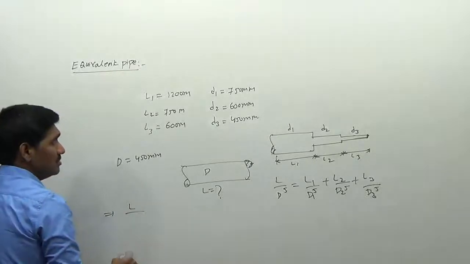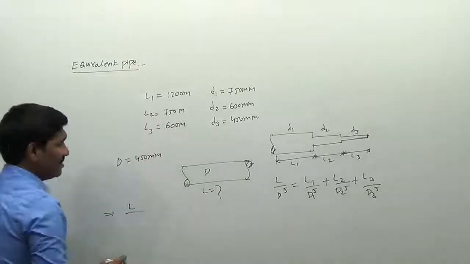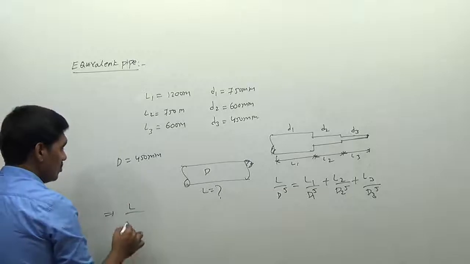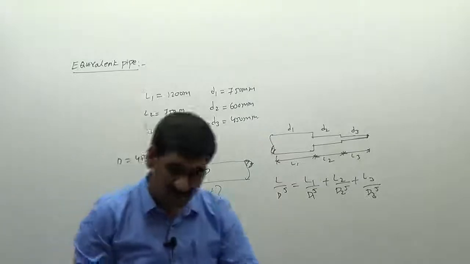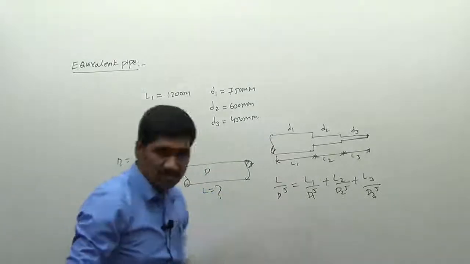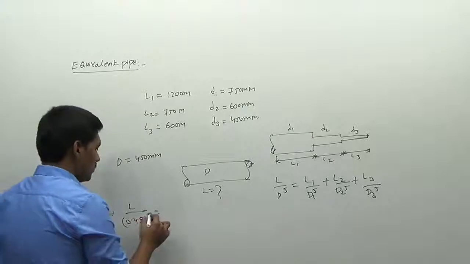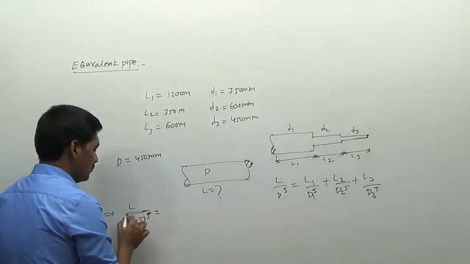Convert the diameters into meters. D is equal to 0.45, whole power 5. It is whole power 5, not whole power 3. Be very careful regarding this power.